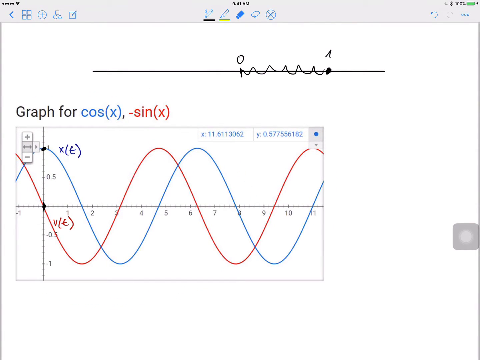Erase this thing. So for x, for pi half, this is 0. And v of pi half is how much? -1, exactly.